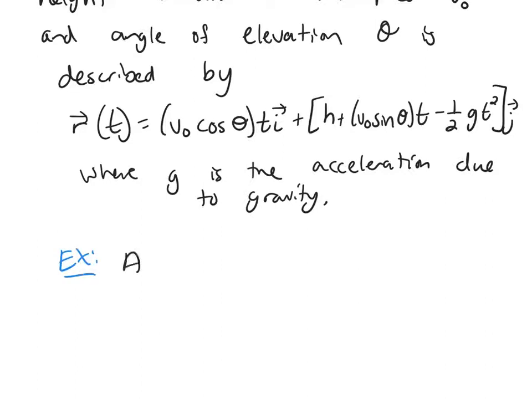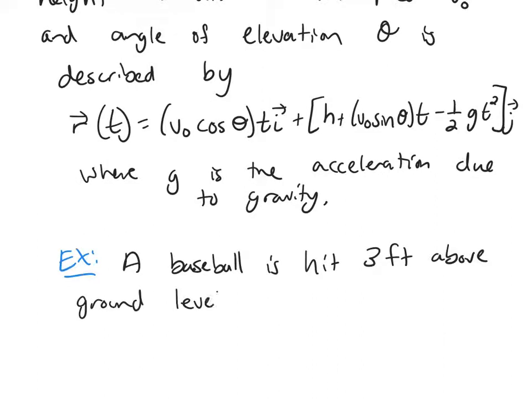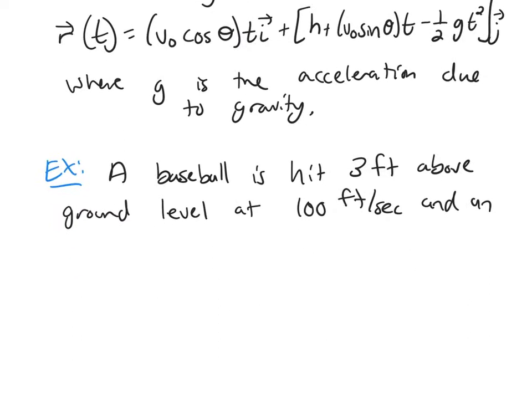So let's say a baseball is hit 3 feet above ground level at 100 feet per second and an angle of 45 degrees with respect to the ground.